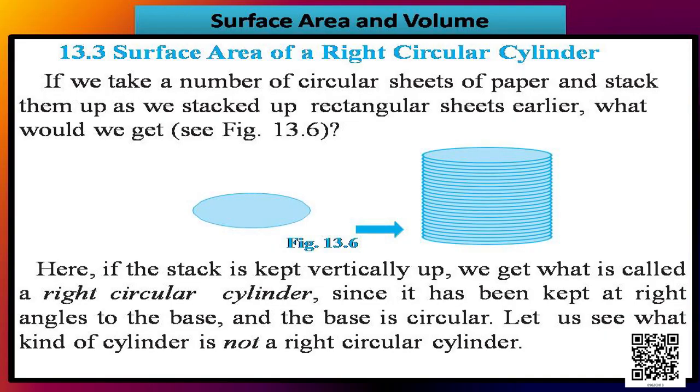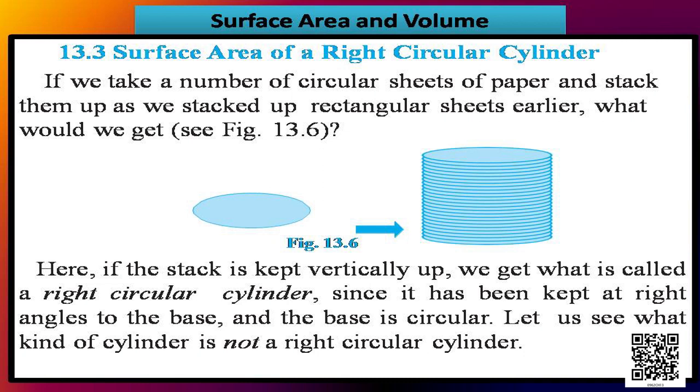Students, let us now discuss the surface area of a right circular cylinder. Let us first discuss what is a right circular cylinder. You can see figure 13.6 that is given in your book.